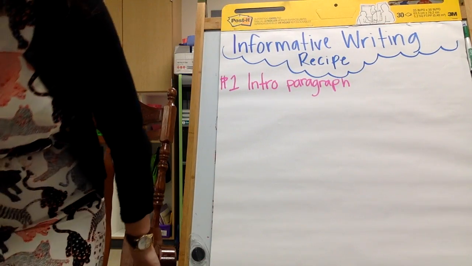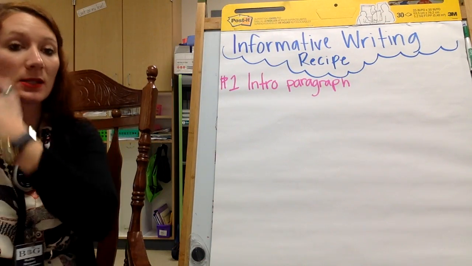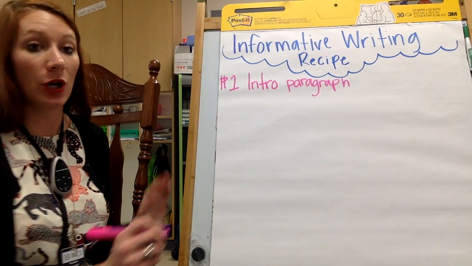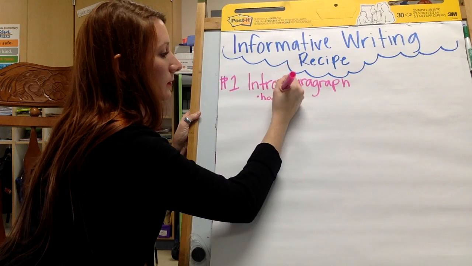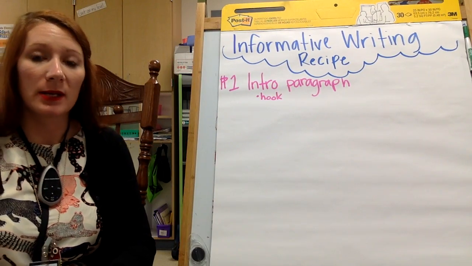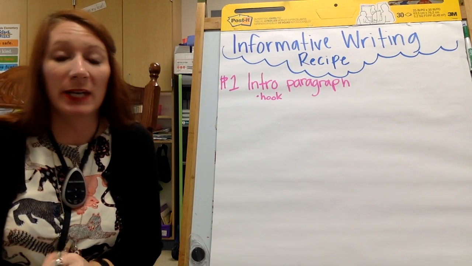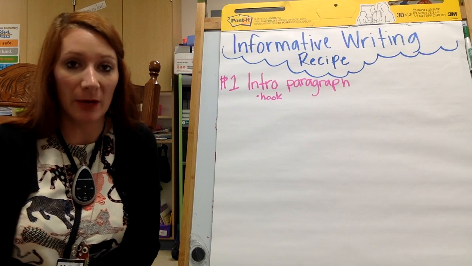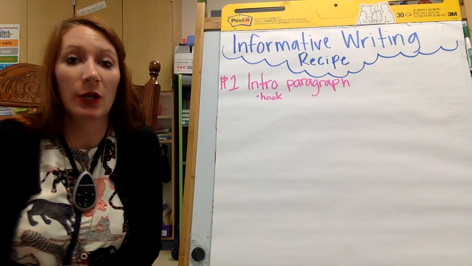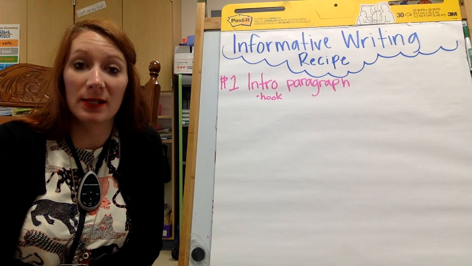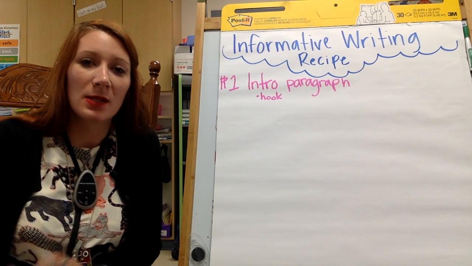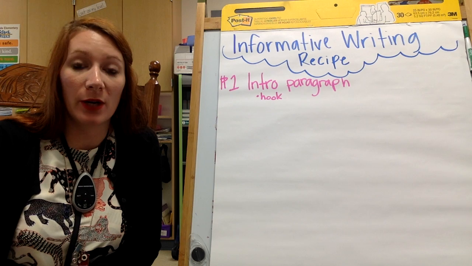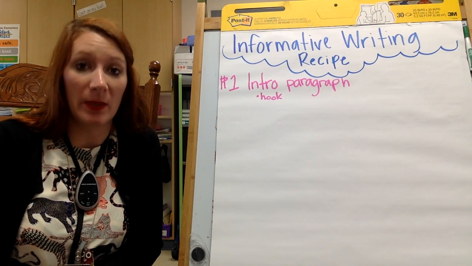In the introduction paragraph, you're going to have a few pieces. The first piece that you're going to have is your hook. Your hook is going to help you draw in your readers and get them interested in what it is you're talking about. Great hooks are things like questions, staggering statistics, something surprising or exciting, something interesting that would get the reader engaged in what you're talking about.